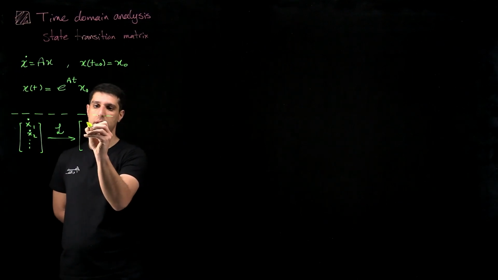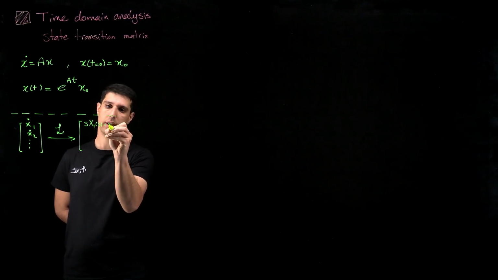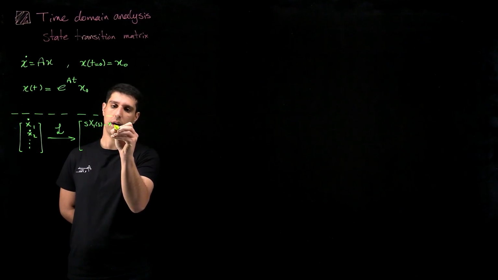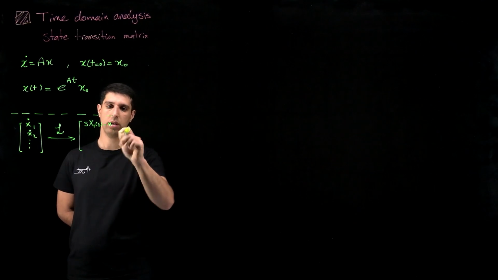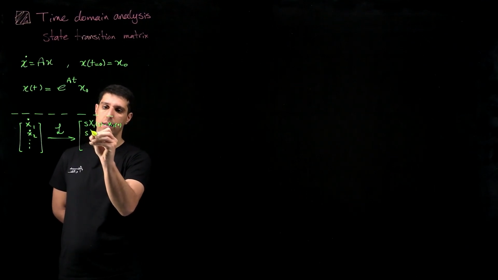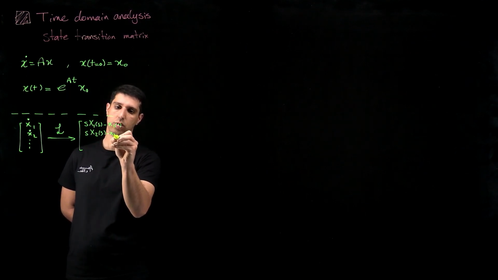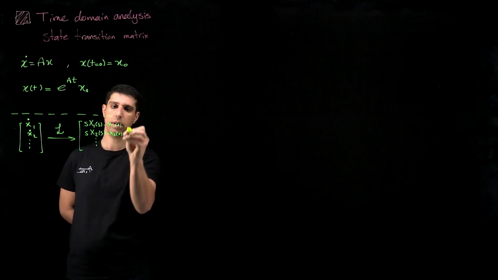So it's going to be s x1 of s minus x1 of 0, s x2 of s minus x2 of 0, and so on.